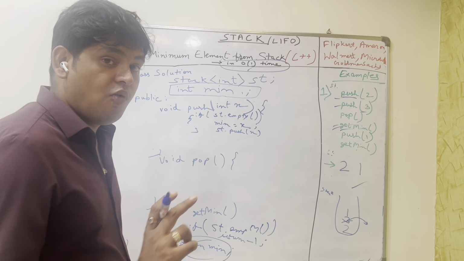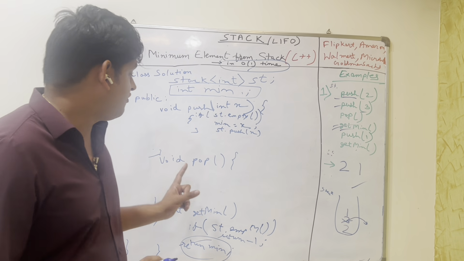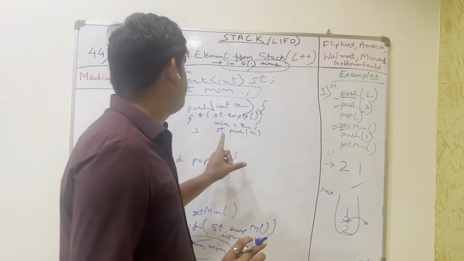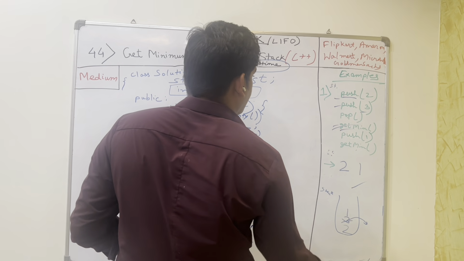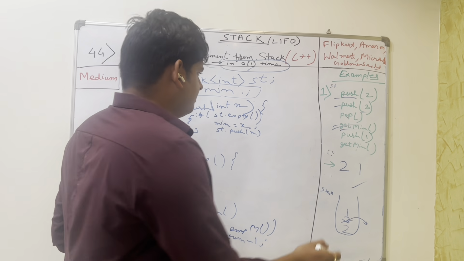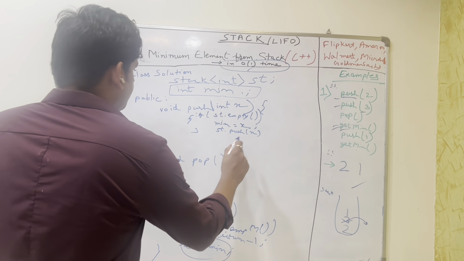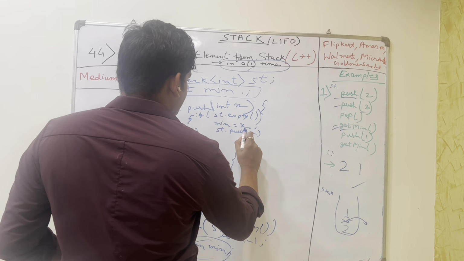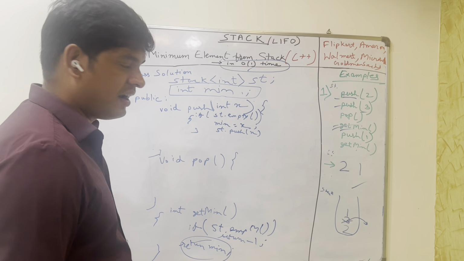So how mathematically can we solve this? We'll use a logic that will help us to solve it. Okay, let me write the logic first, and then I'll derive it. And I'll give a dry run for this example or any other example, okay? So here stack is empty, the minimum element is x, that we have pushed into the stack, right?